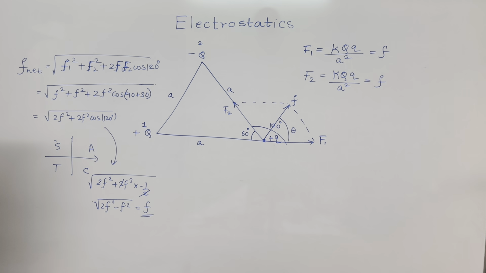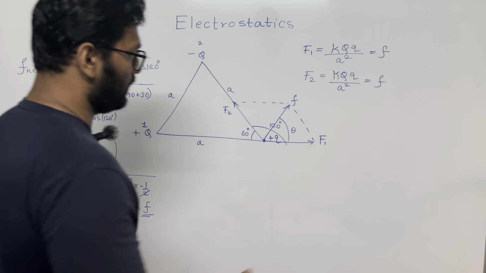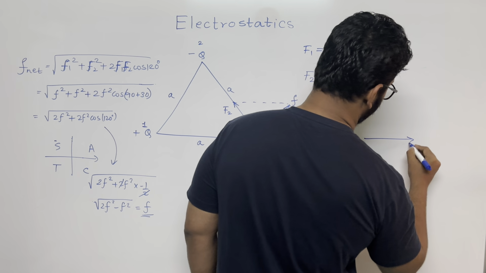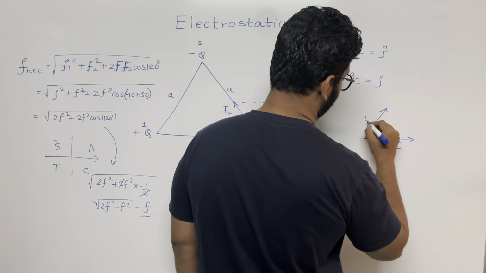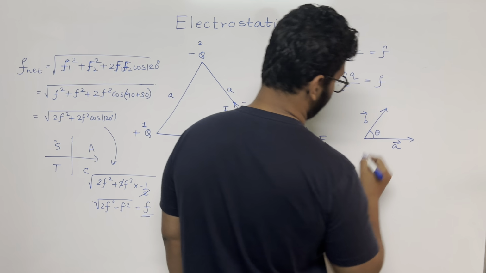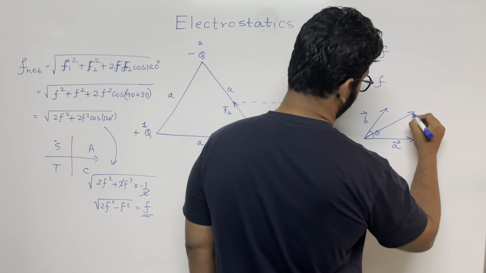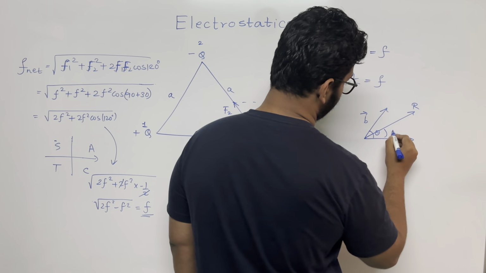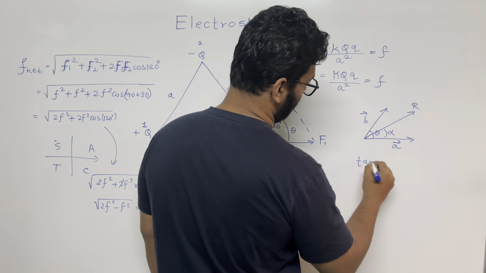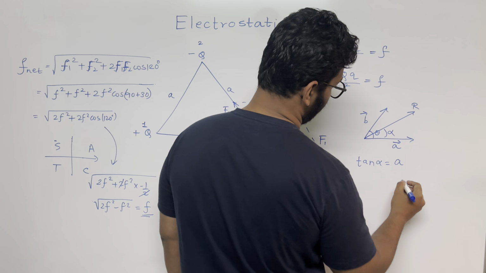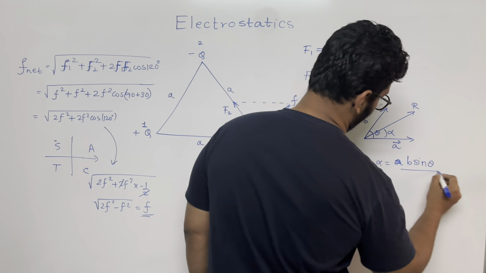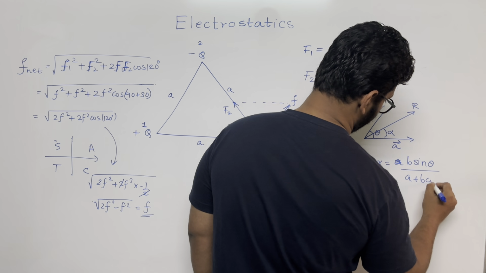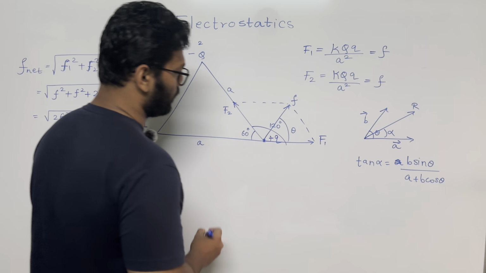Now we know another formula for the parallelogram law: if this is a bar vector and this is b bar vector and the angle between them is theta, then the resultant makes an angle alpha, where tan alpha is equal to b sin theta upon a plus b cos theta. This is according to the parallelogram law of vector addition.